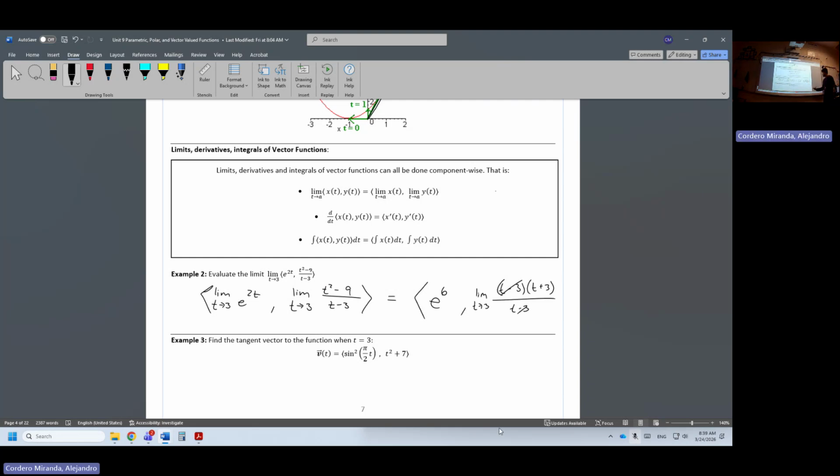So these cancel. And then the limit as t goes to 3 of t plus 3 would be 3 plus 3, which is 6. So final answer, I get e to the 6 comma 6. That's my limit.